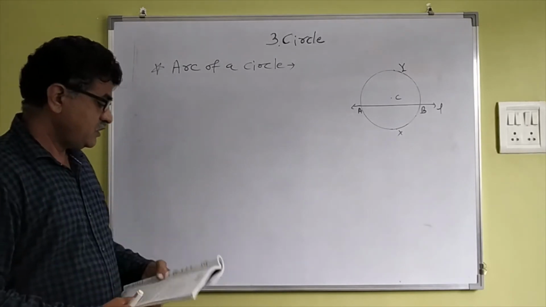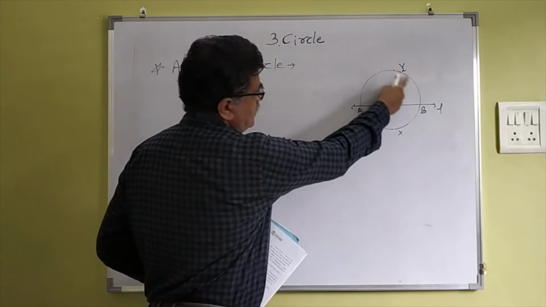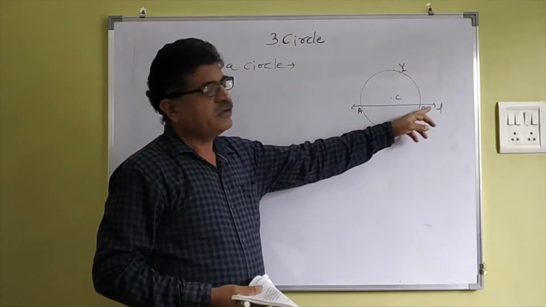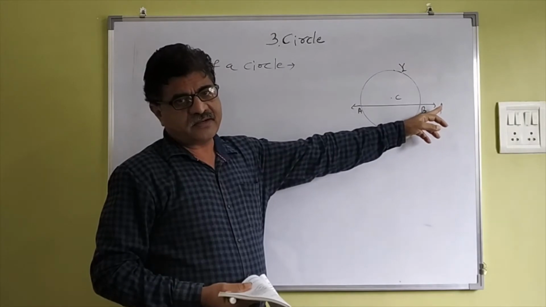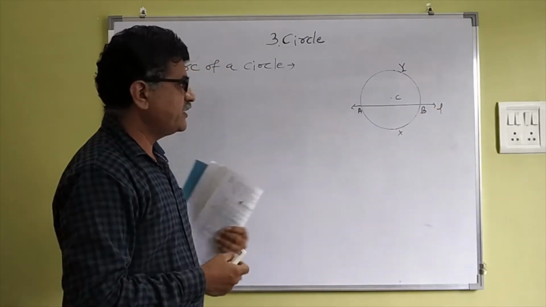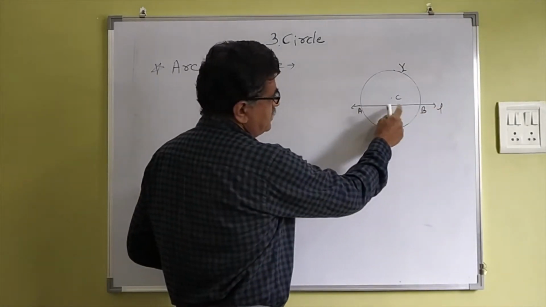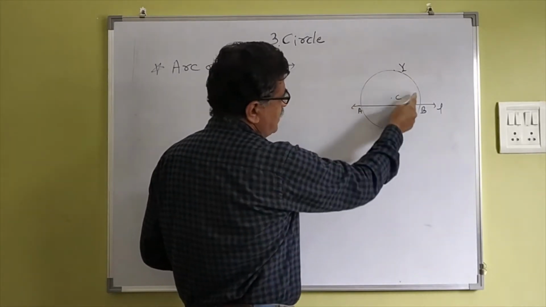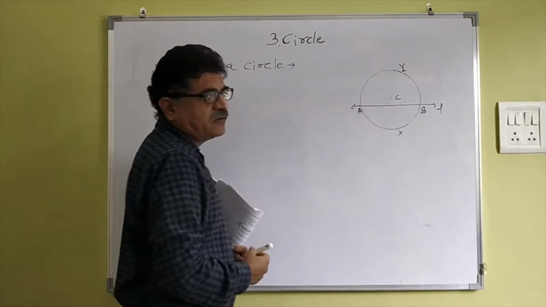Now here, let us see. This is a circle. Here is the secant of the circle. Now this secant of the circle divides this circle into two parts. This is the first part, this is the second part.